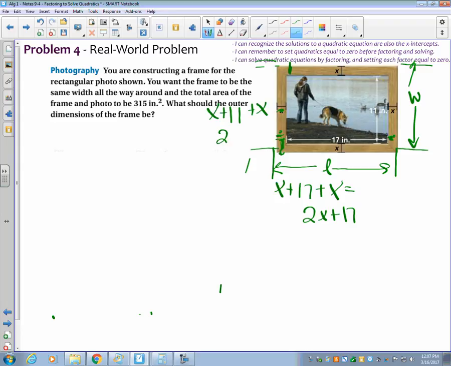So that's 2x plus 11. So our total length is 2x plus 17, and our total width is 2x plus 11. We're going to multiply those two together, because that's the area. Length times width is the area.